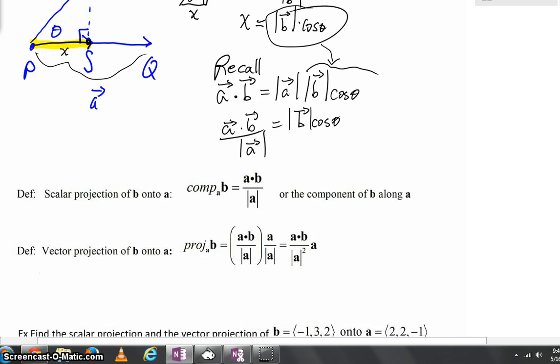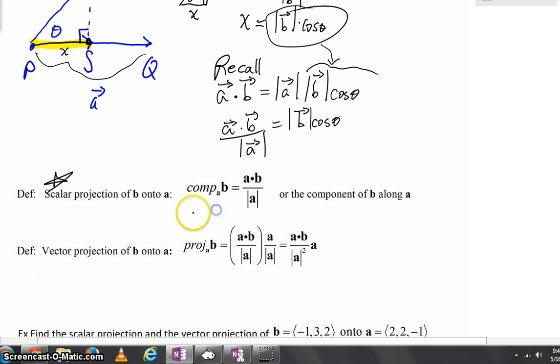And I want to point out that because we're just talking about a length, we don't have a vector, we're going to call this the component of B along A, and we're going to designate that as comp, with A in the subscript, of B. Notice what we just found: vector A dot vector B divided by the magnitude of A.